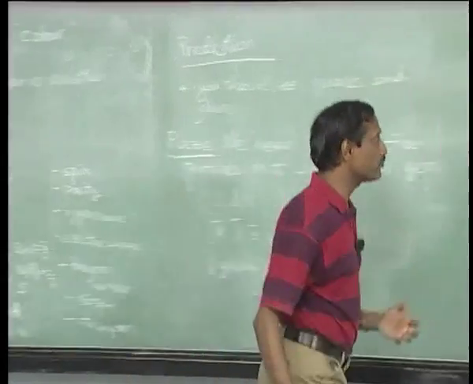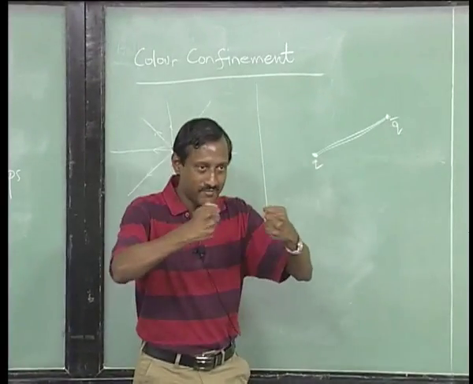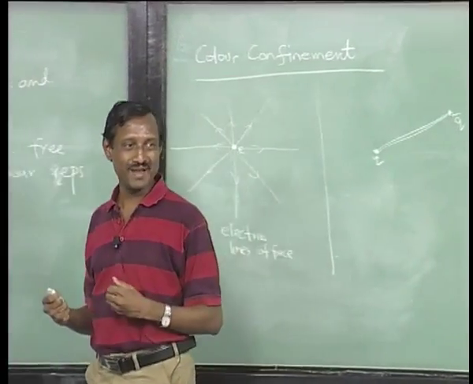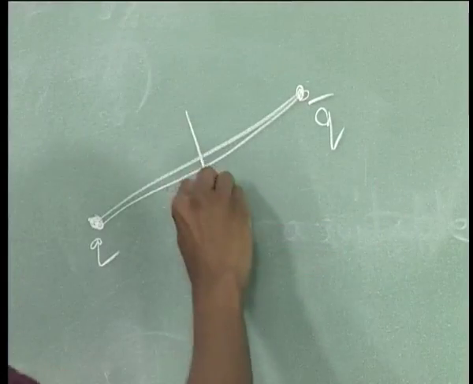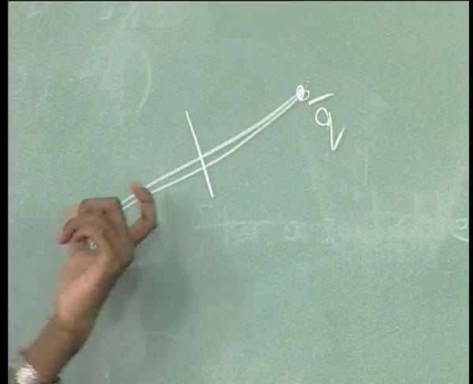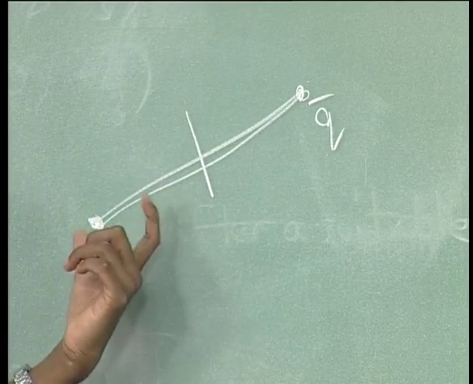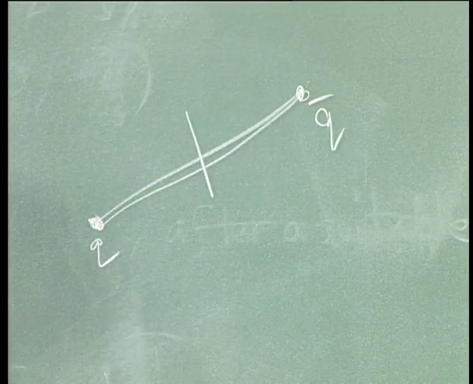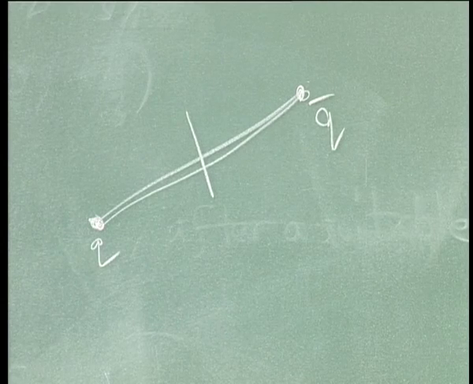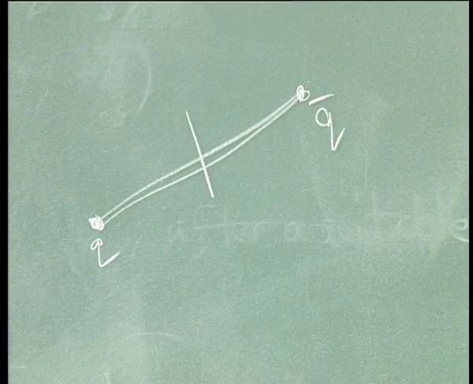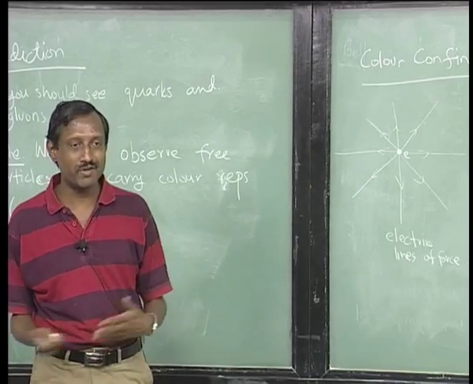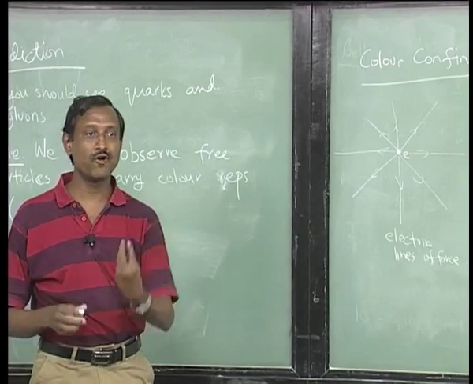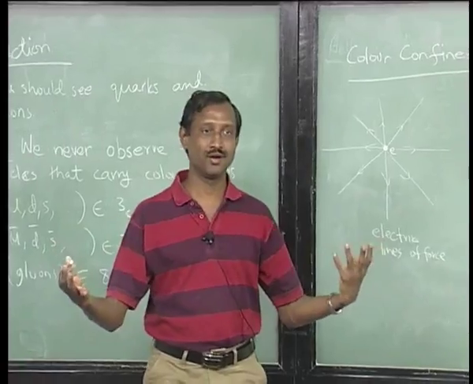So what happens is, if you try to pull them further apart, and this is only a theoretical experiment, it is favorable for this to snap, because the tube has some energy density. You can think of it as a string tension, so T times length will be the energy. As you increase the separation, the energy keeps increasing. At some point it is favorable for it to break, forming a quark anti-quark pair out of vacuum.